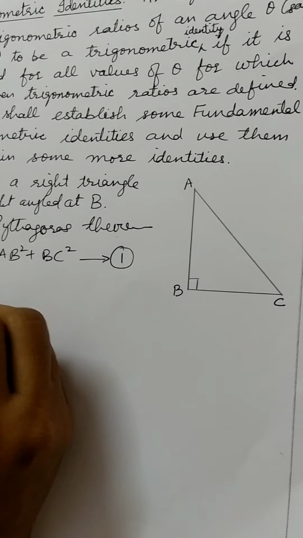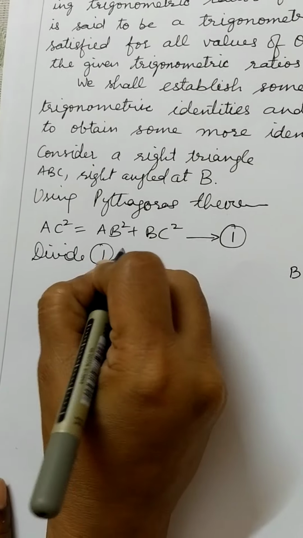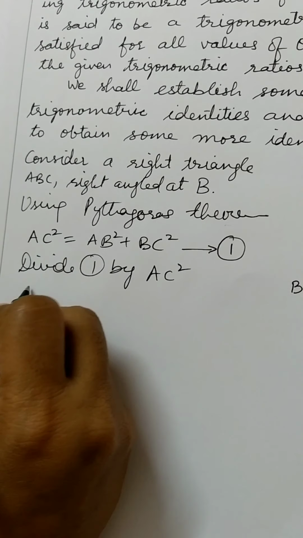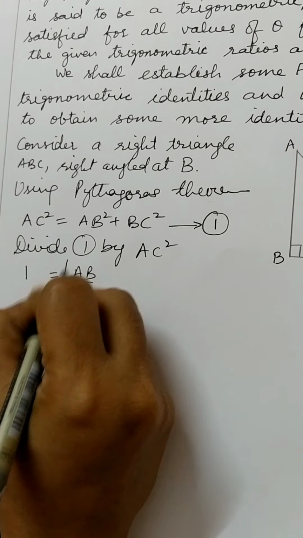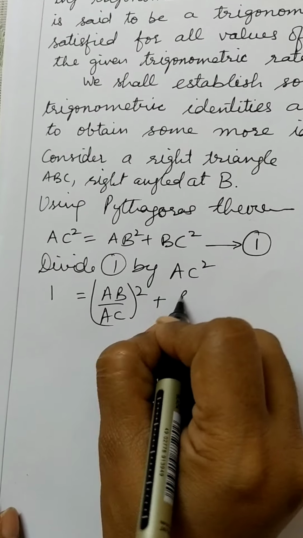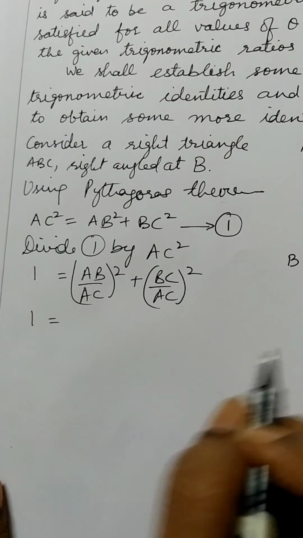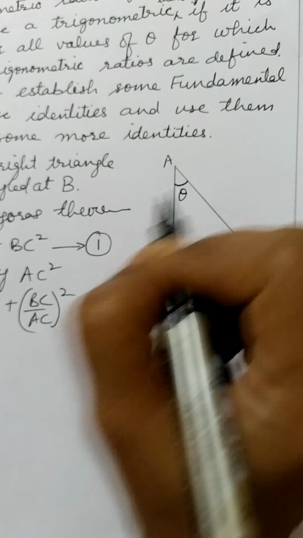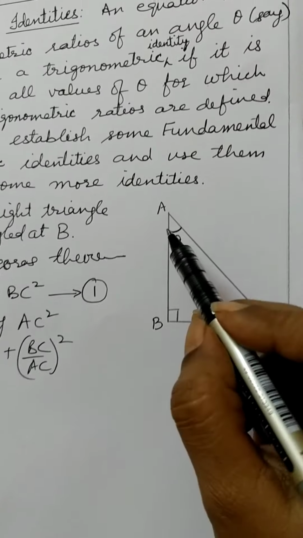Let us see how. First let us divide equation 1 by the first term, AC square. So AC square upon AC square will be 1, equal to AB upon AC whole square plus BC upon AC whole square. Now you can look at the figure. If you suppose that theta is at point A, then what will be AB upon AC?